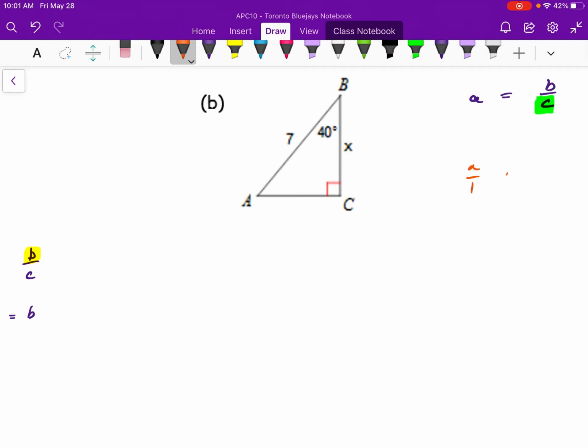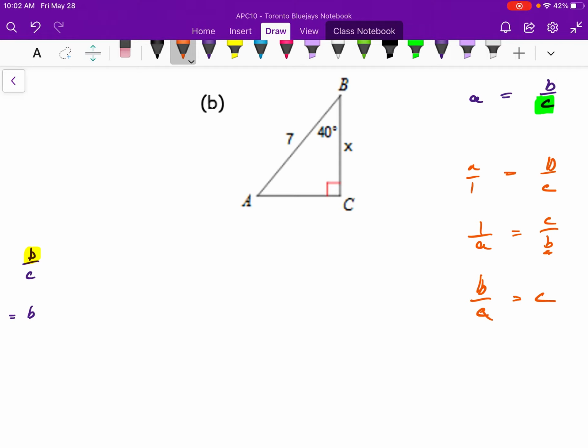Step number 1 maybe is I could write A over 1. I could take the reciprocal of both sides. And now, if I'm solving for C, I would just multiply both sides by B. So I'd get B over A is equal to C.